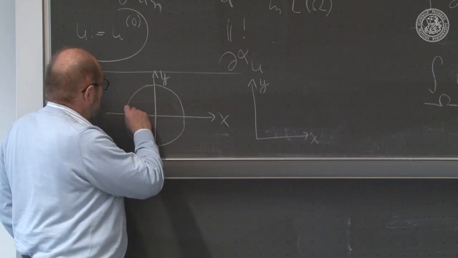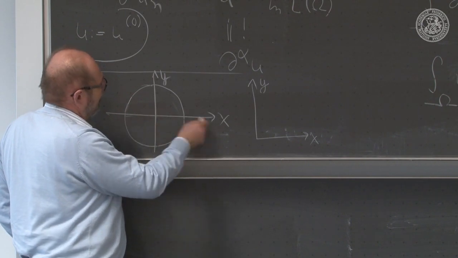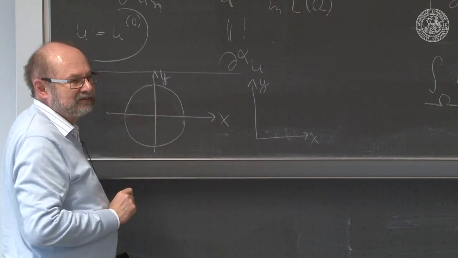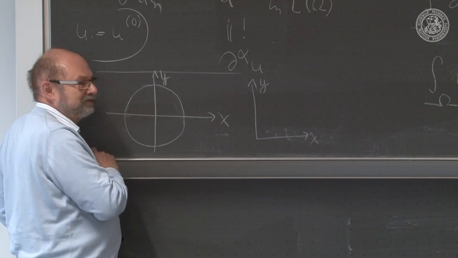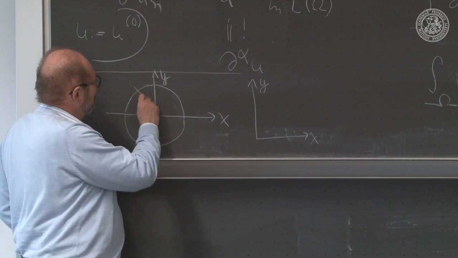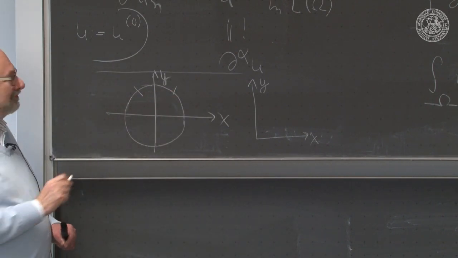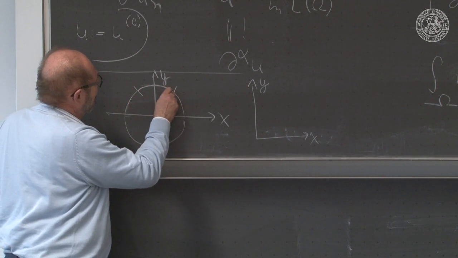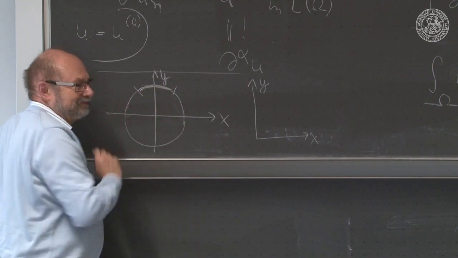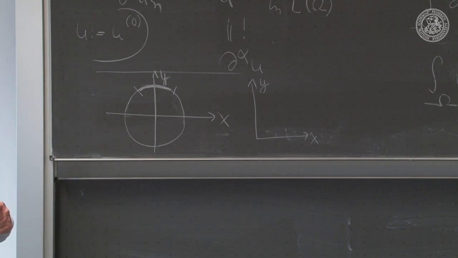Can I express this here in x and y as a function, say, of x? For example, this part of the boundary. Can I do so? Is this part of the boundary a function of x? I guess so. Pretty smooth function. C infinity.